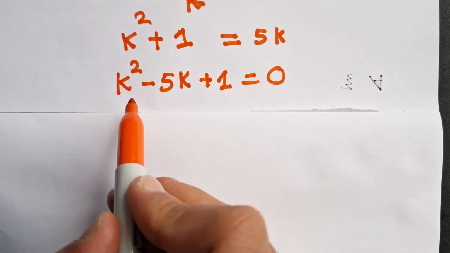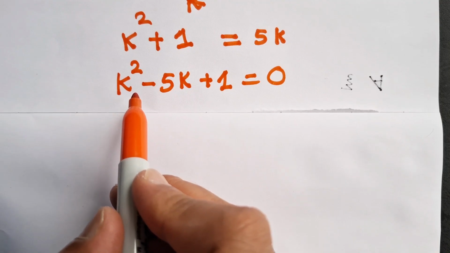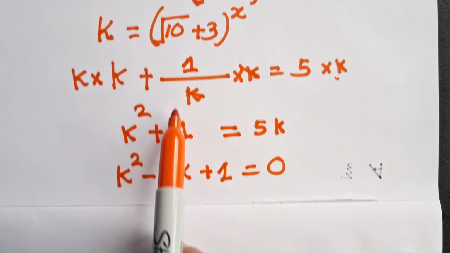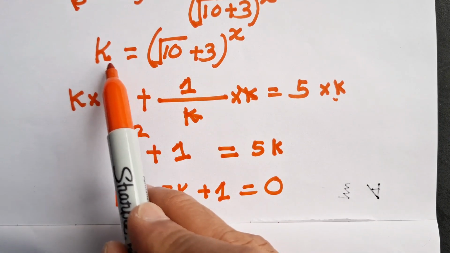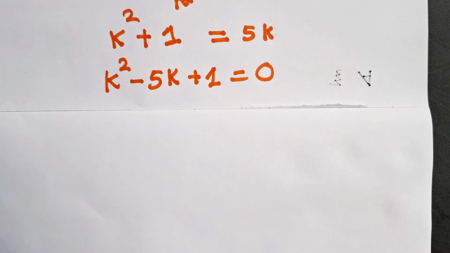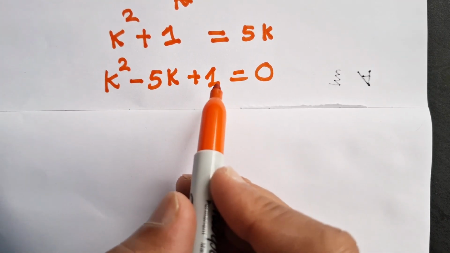So now all you need to do is solve this quadratic equation for k and find the values for k, and we can substitute that value into our original substitution to find the value for x. I'm going to use the common formula to solve this quadratic equation.